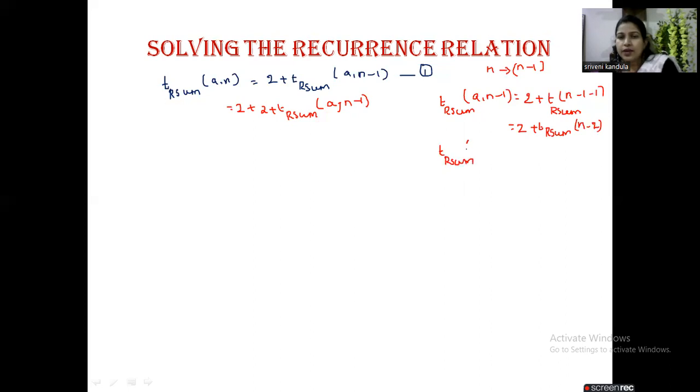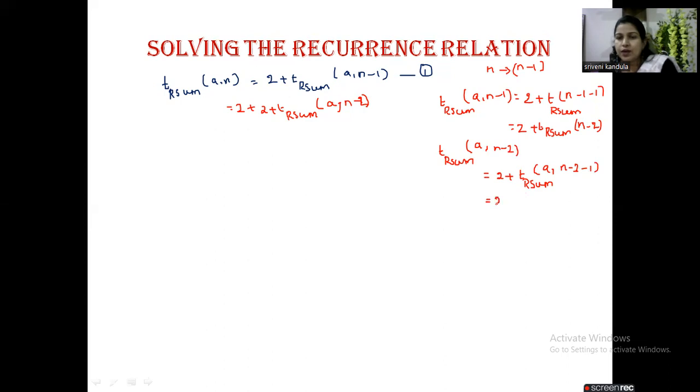substitution. So again, let me find out what is the value of T_rsum(a, n minus 2). So that will, once again, the base equation is equation 1 itself. So in that equation, I keep on substituting the value of n. So in place of n, I am substituting n minus 2. n minus 2 minus 1.